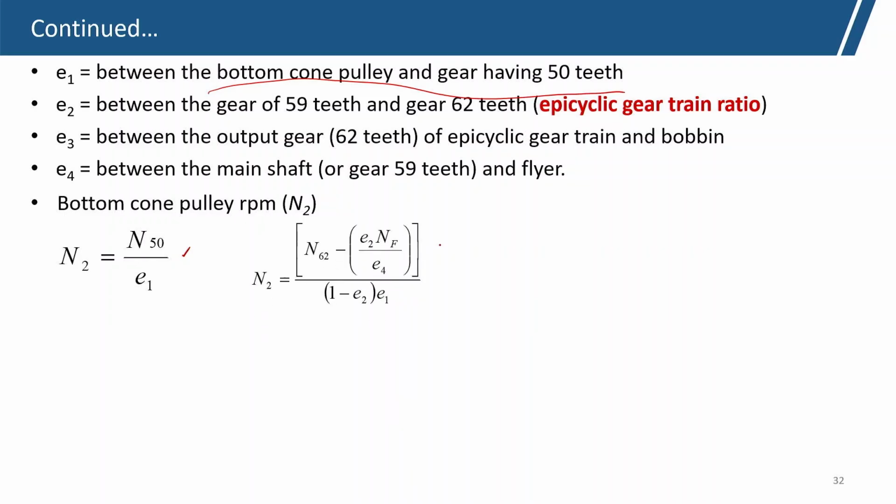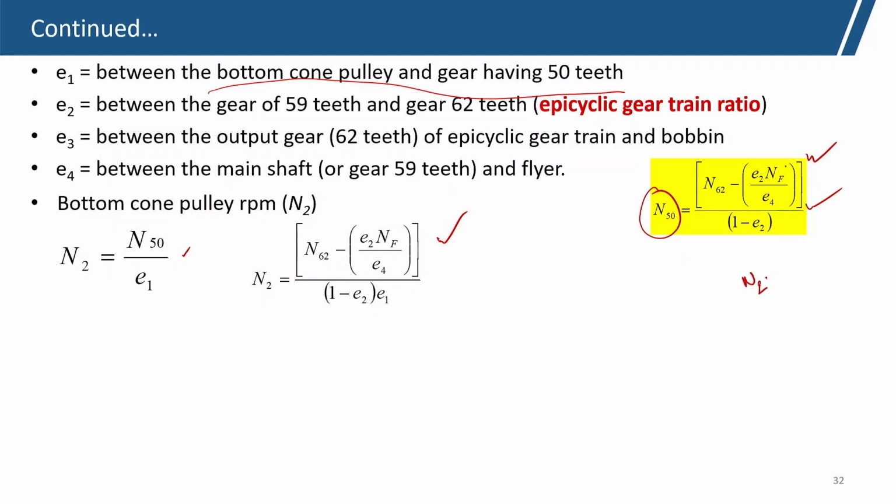And this we have already seen earlier, N50 is in terms of N62 and NF, okay, and E1, E2, E4 are the constants. Now, N2 is nothing but N50 by E1.